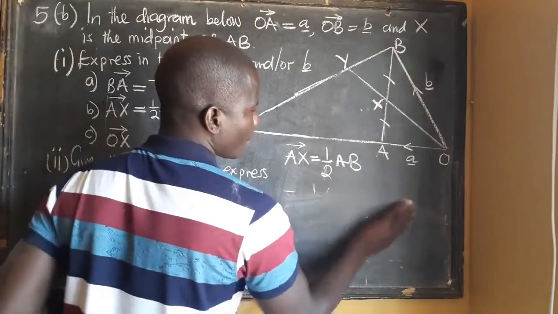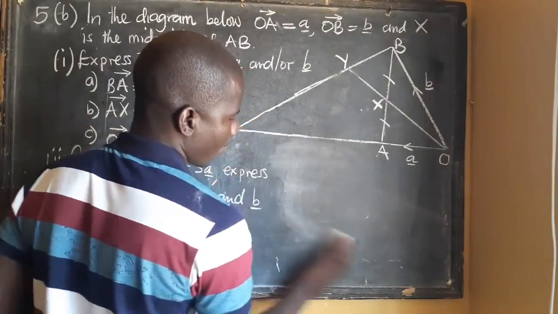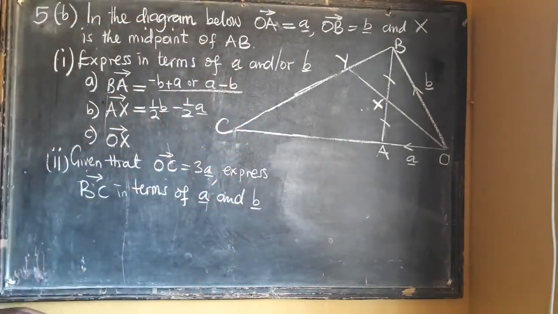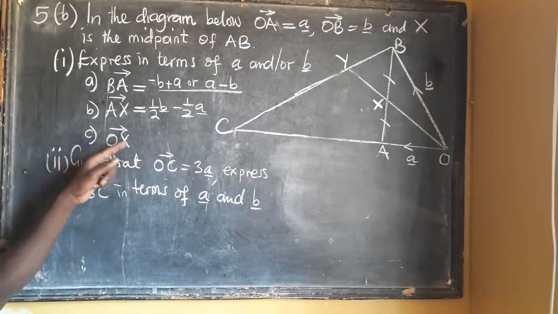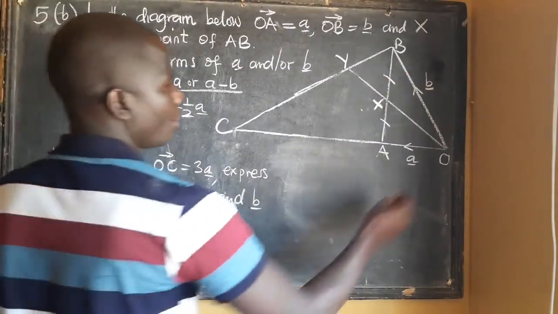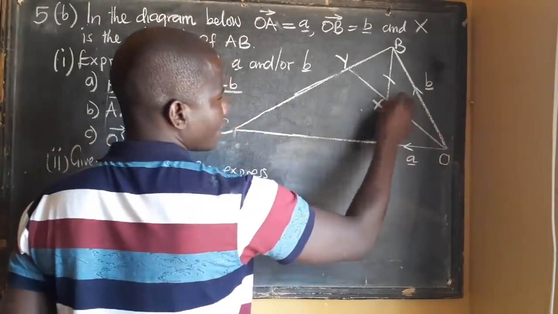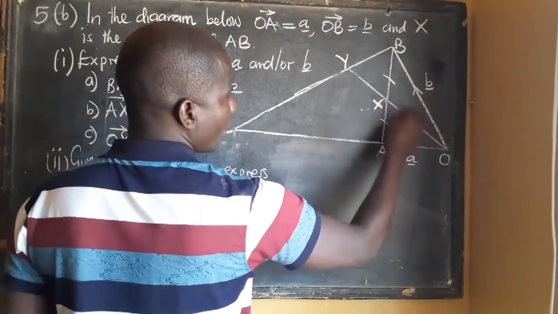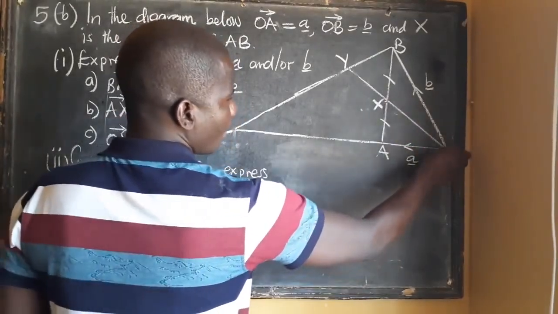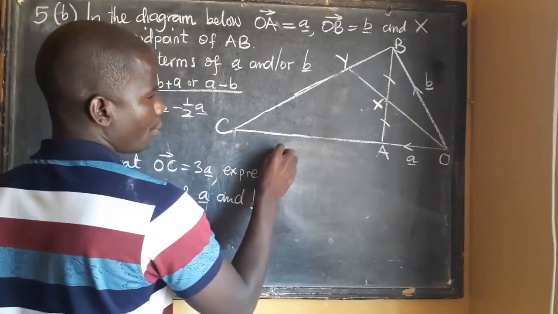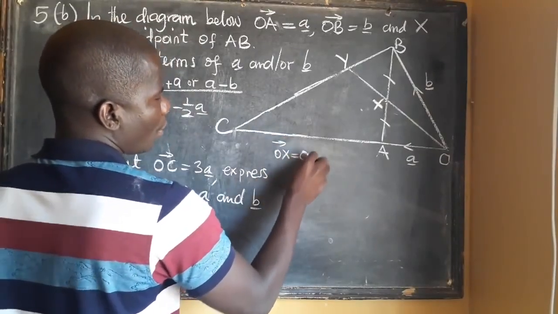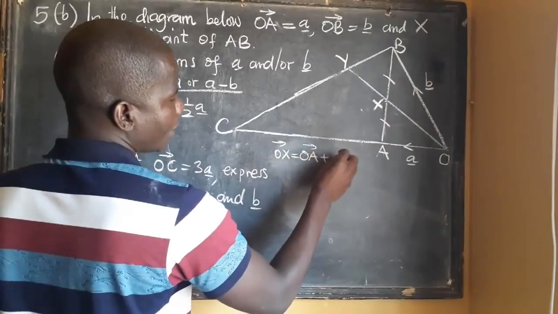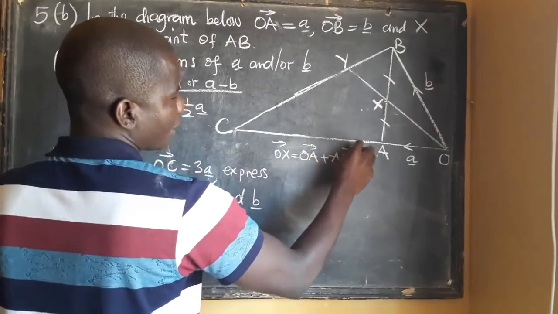So let us see the next question. OX. So OX can be OA plus AX.